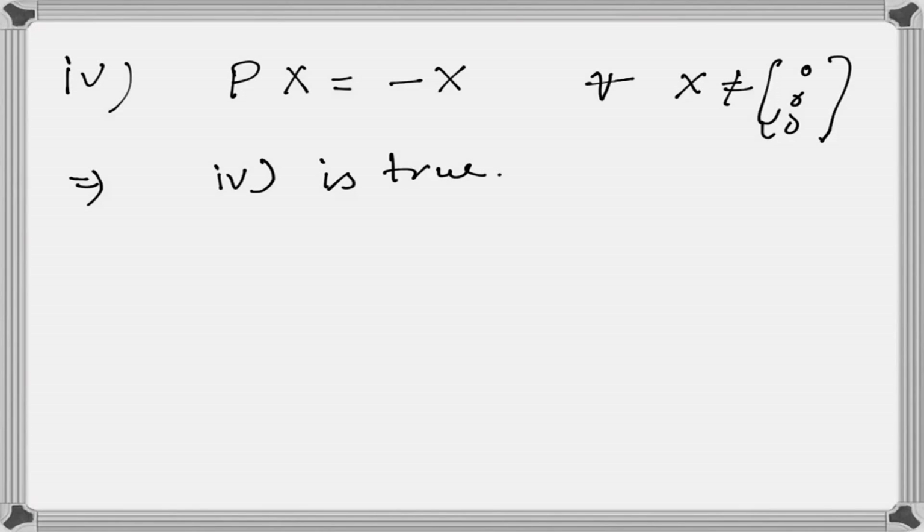So out of 4 options, only the last one, the fourth one, is correct, because the other 3 are satisfied only if x is equal to 0, but x is given to be non-zero.